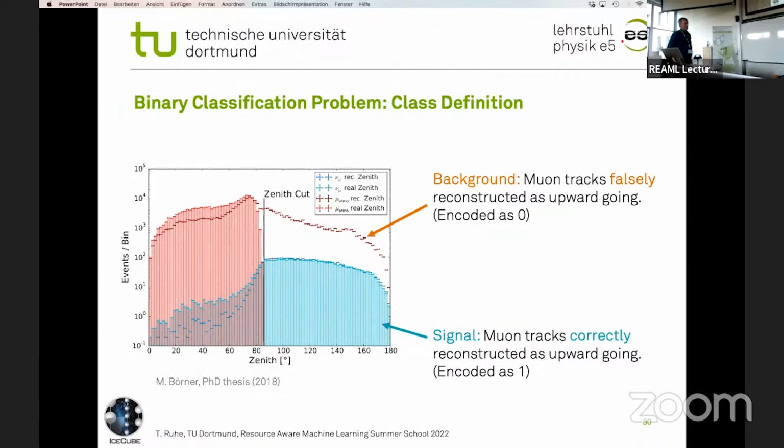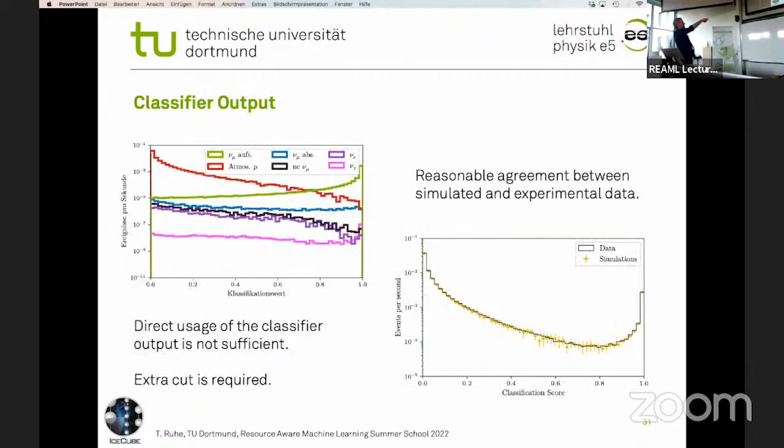Is there anything more? I was just wondering because it sounds like we just have two types of particles, and isn't there so much else? Yeah, there's more. This is a simplified version of this, but as you can see here, there is of course more background. It's a 24/7 4-pi detector, so IceCube sees everything.